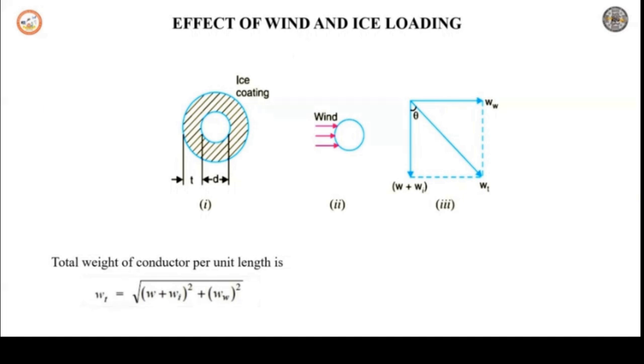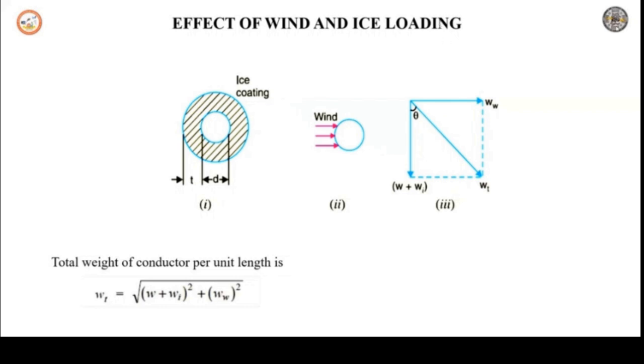Next, the second diagram shows the effect of wind pressure. Let us see what happens due to wind. That also has to be considered. The wind actually flows horizontally. I have shown the wind force in the diagram here. The circle is nothing but the conductor.